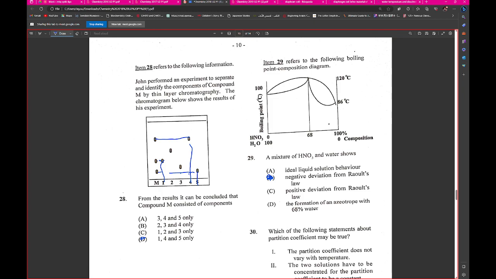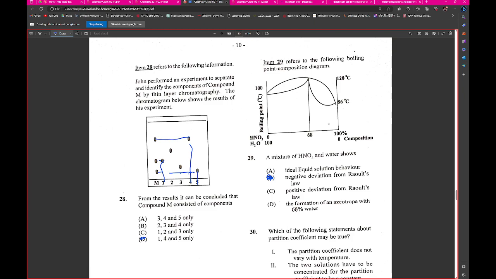From what I can remember at this moment, the negative deviation would have a higher than expected boiling point and a lower than expected vapor pressure, I believe. I might have to look at it again.